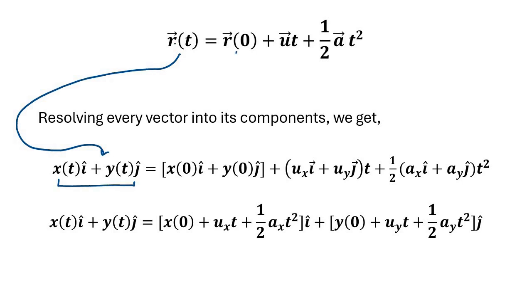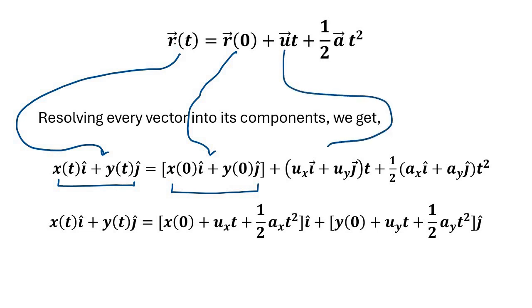We write r0 as x0 i cap plus y0 j cap. We write initial velocity u vector as ux i cap plus uy j cap multiplied with t, plus a, we write it as a vector, ax i cap plus ay j cap. 1 half a vector t square, so we have 1 half ax i cap plus ay j cap into t square, because time is not a vector.